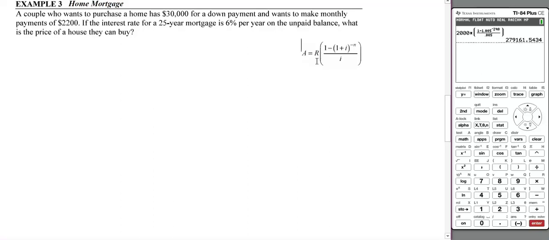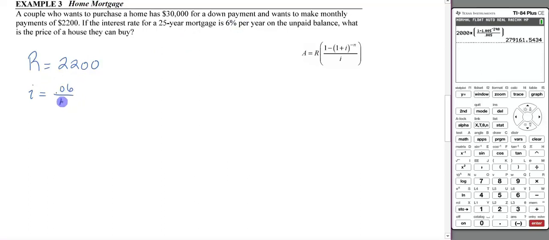So again, we're going to use this formula. R is the $2,200. It's going to be paid monthly. I is the interest rate per period, so we have 0.06, and that is paid monthly.